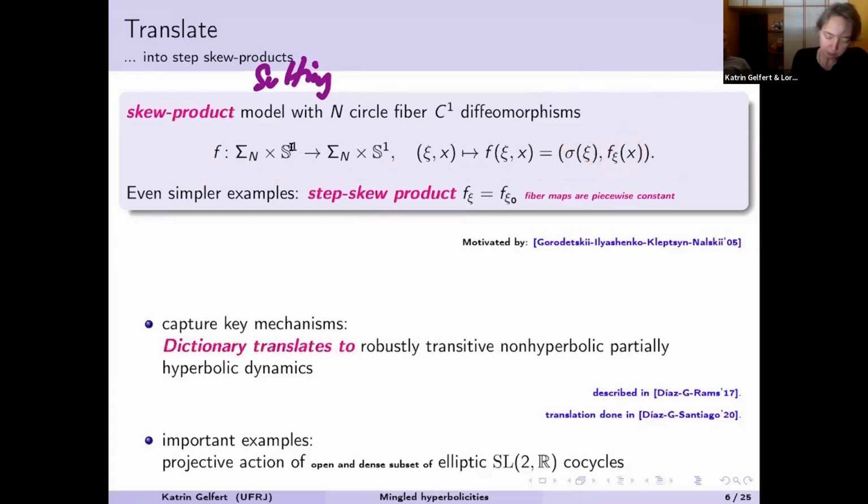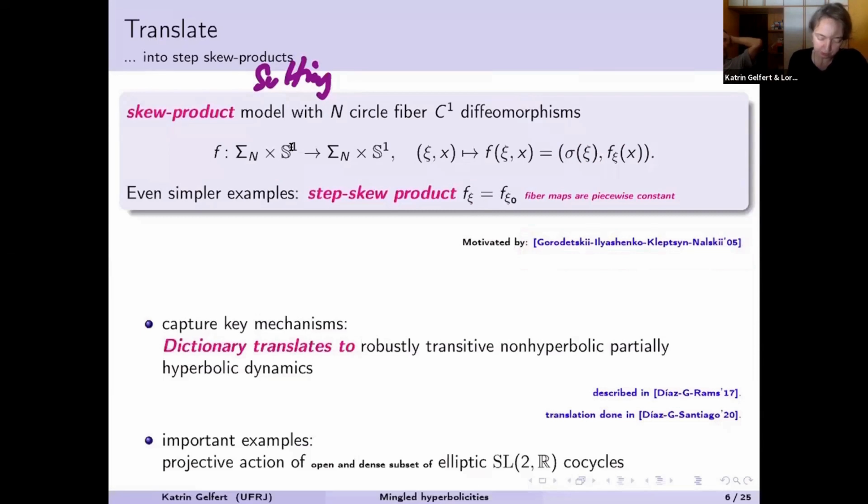And I will even go to a much simpler example: I will assume that these fiber maps are piecewise constant, so there are only n fiber maps which act in the second coordinate.